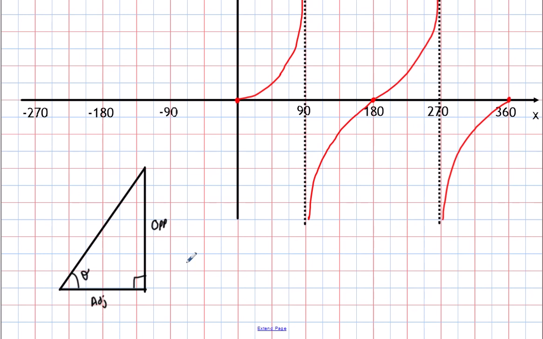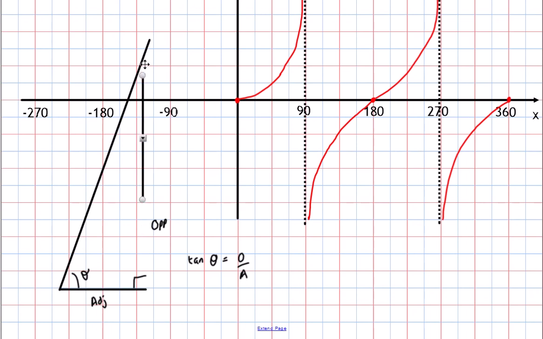Okay, so tan theta is O over A. Now, as you make the angle bigger, and therefore the triangle gets taller, whoops, O divided by A gets bigger and bigger, because O is getting massive compared to A. Okay, as you could end up with like 3,000 divided by 2. Okay, for a very, very steep angle. I mean, that would be a tan of 89 something degrees probably.